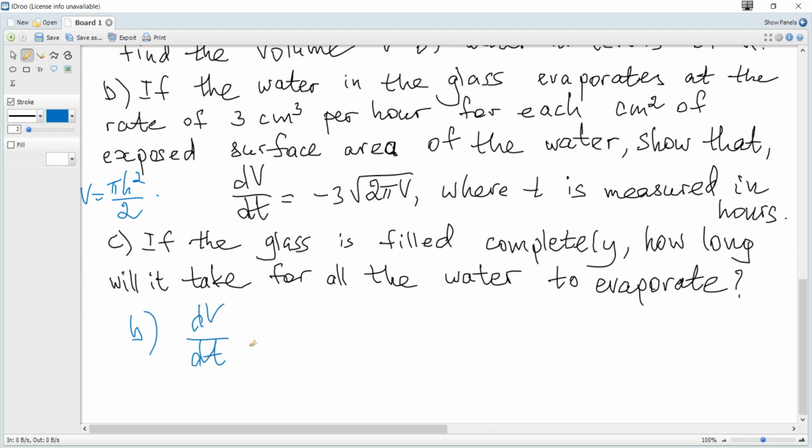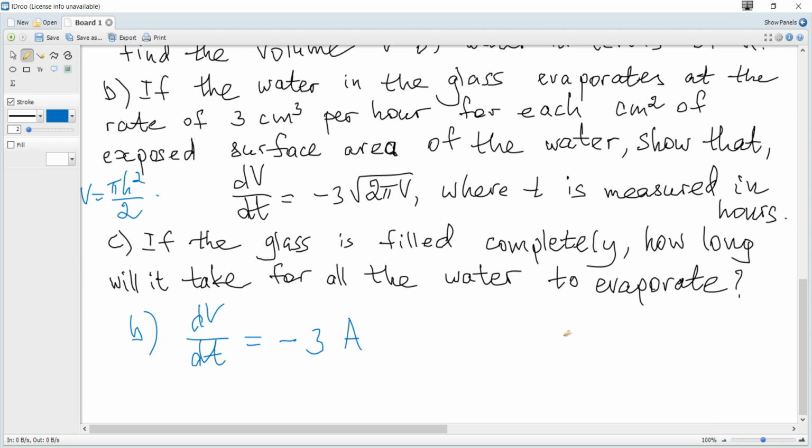over dt is equal to, since it evaporated, what does it mean? It means that the rate of change is negative because volume is decreasing. If something is decreasing, the rate of change is negative, so it's minus 3 A, where A is what? Surface area.